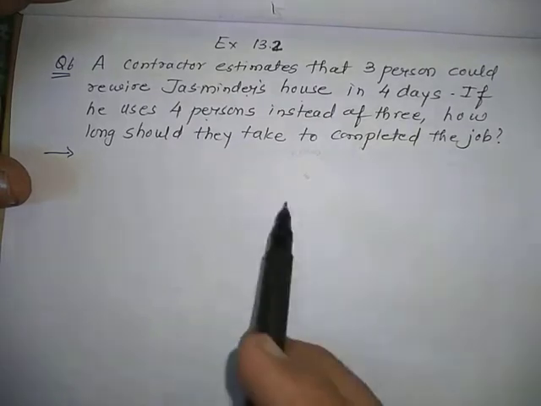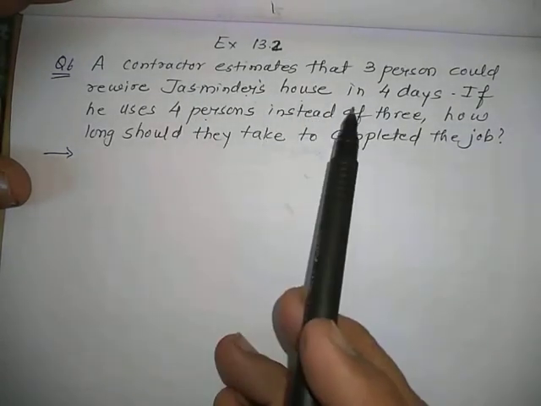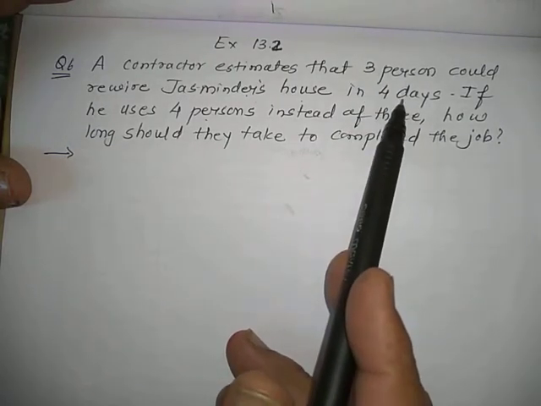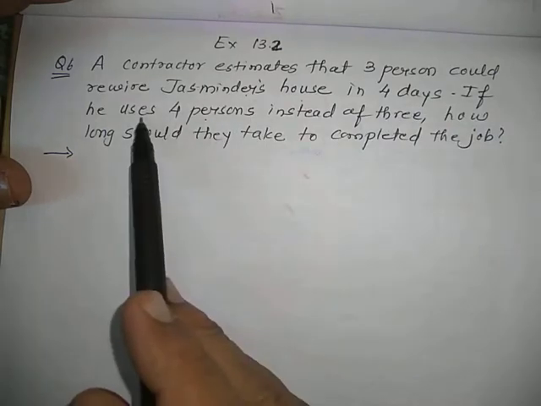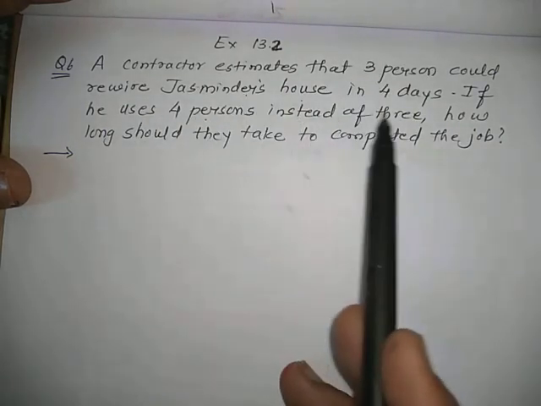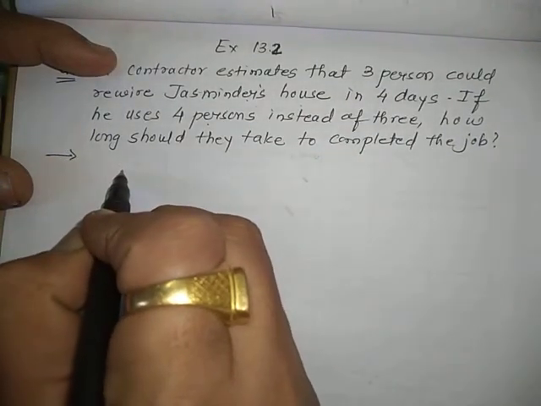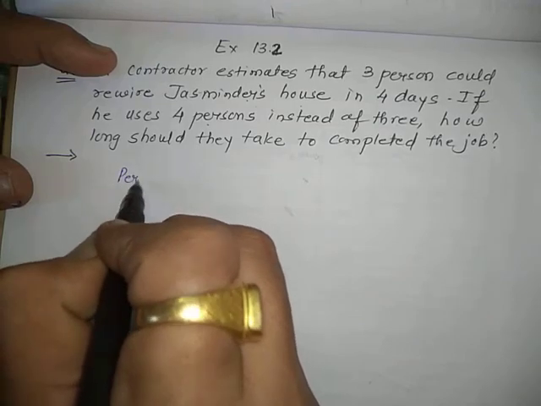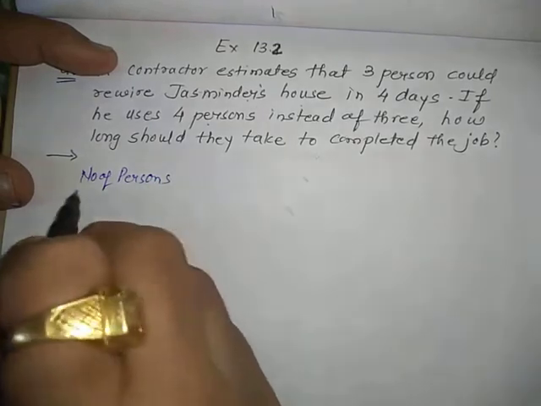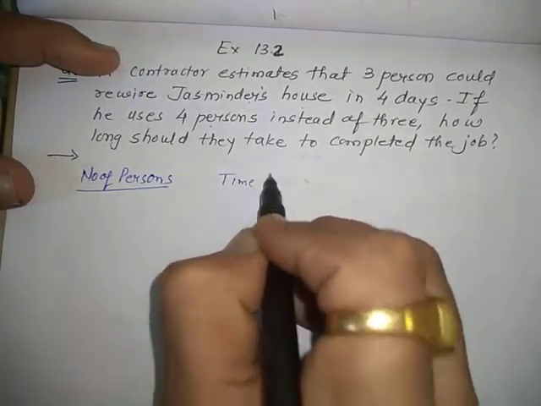Here rewiring work is to be done in Jasminder's house and that is to be completed in 4 days. So 3 persons can complete that work in 4 days. But he uses 4 persons instead of 3, means persons increase and the time taken will be less. So persons and days, time taken.